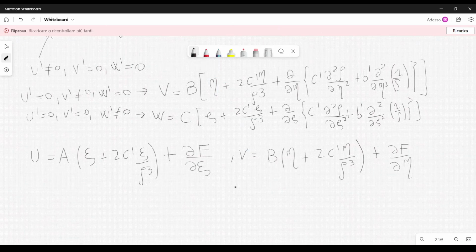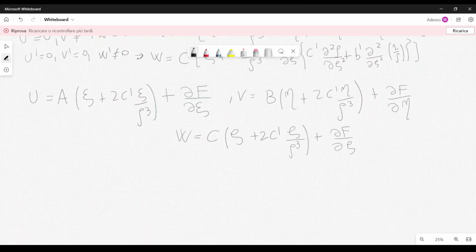So w is equal to c times zeta plus 2c prime zeta over rho cubed plus derivative of f with respect to zeta.